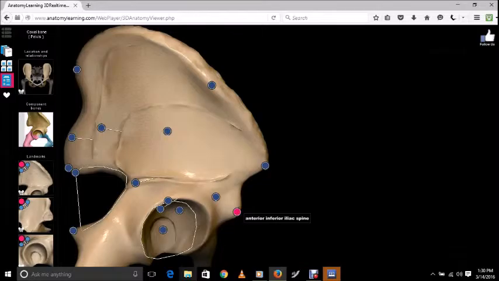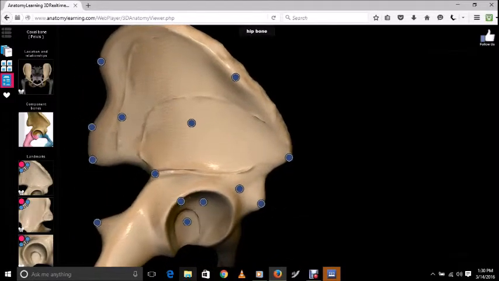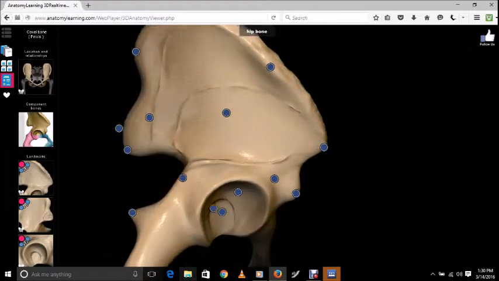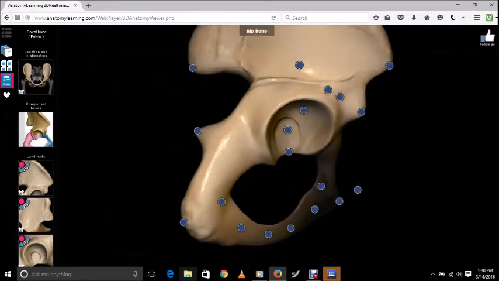So if you keep in mind that superior means above and inferior means below, you can sort of figure out what these names are based upon the fact that this is in fact the ilium where it's located. The ilium, where here is the ischium and here is the pubis.